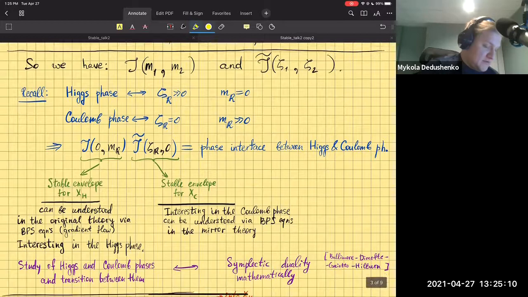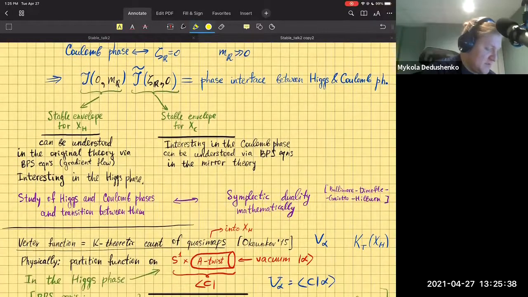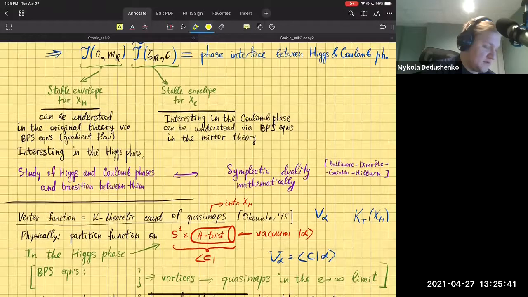But also there's one more thing: this study of Higgs and Coulomb phases and the transition between them mathematically corresponds to symplectic duality. And this physical viewpoint on symplectic duality was proposed in this paper by Bullimore, Dimofte, Gaiotto, and Hilburn about 4.5 years ago.